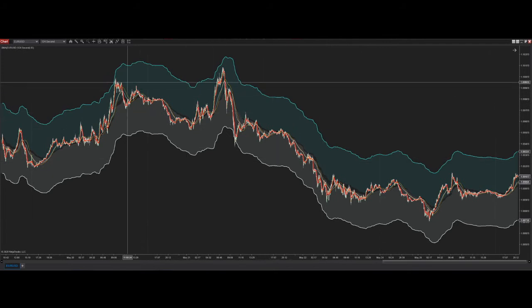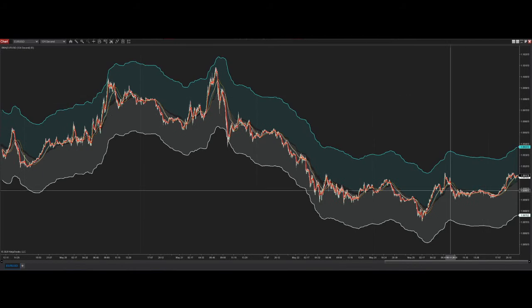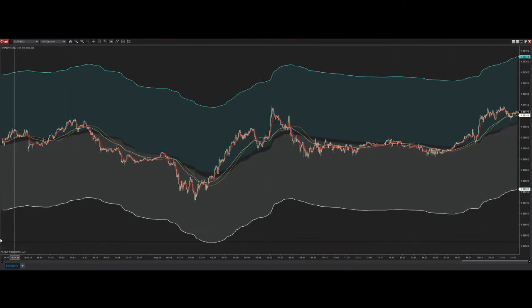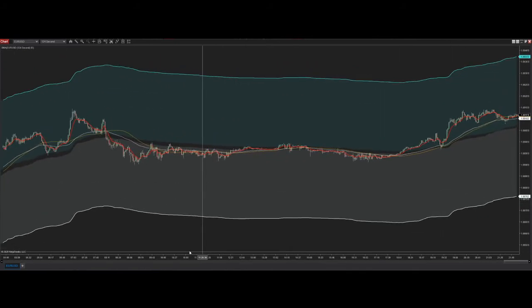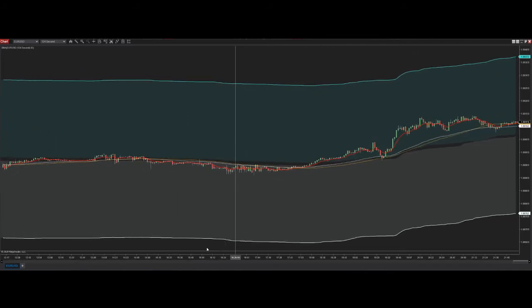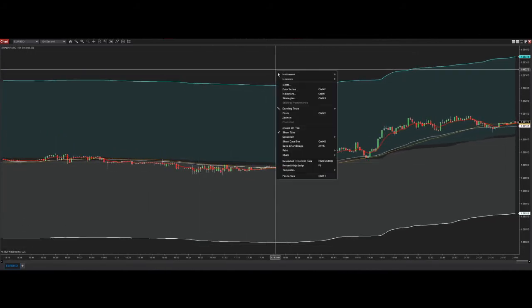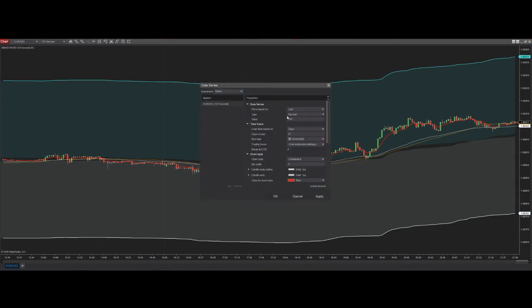This is also a 2-minute chart. So what I'm trying to show you here, as you can see, 2 minutes doesn't go over these bands, and I know 5 minutes it goes.